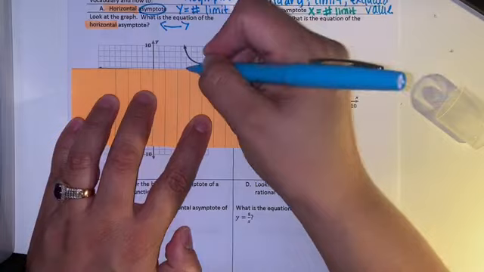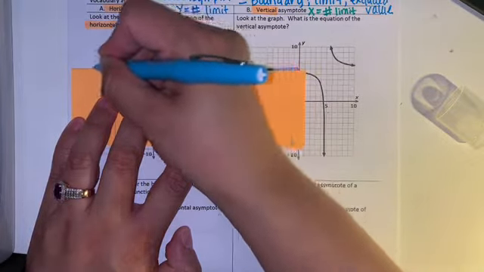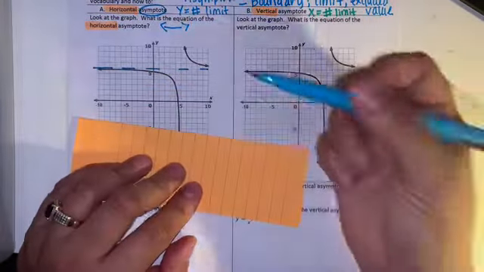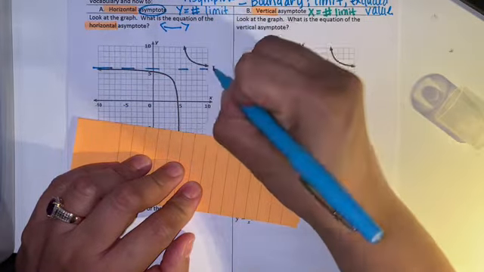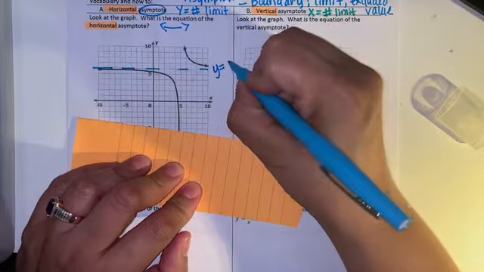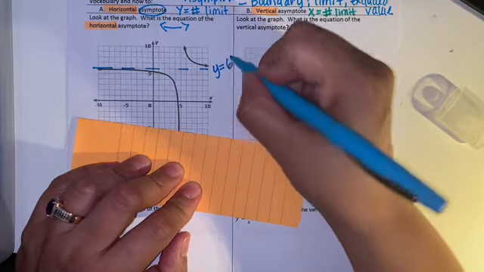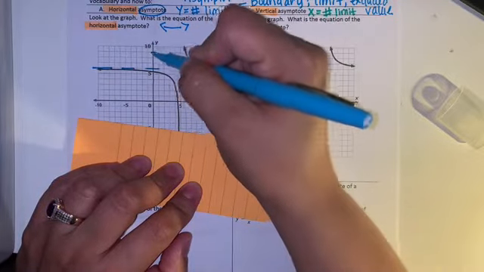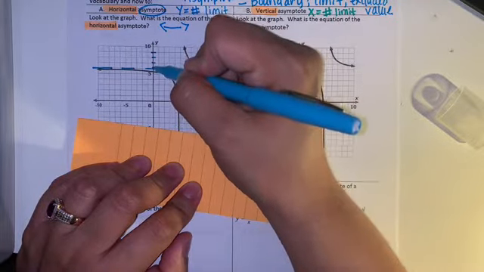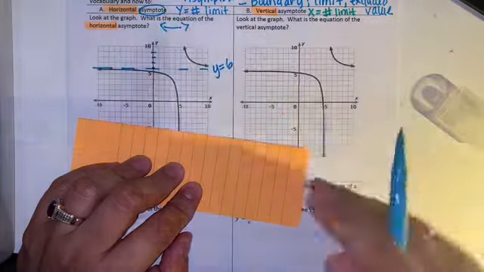If we make this line here, this is our boundary. If we count, it's 5, 6. So you're going to say y equals 6. This is the y-axis, and the numbers on the y-axis go up, but the line goes across.